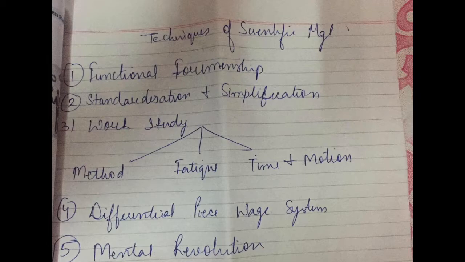Let's take an example to understand this very clearly. For example, in plus one accountancy, you have done the chapter on depreciation. There were two methods of depreciation: the straight line method and the written down value method. Organizations can use either of these two methods for depreciating a particular asset.